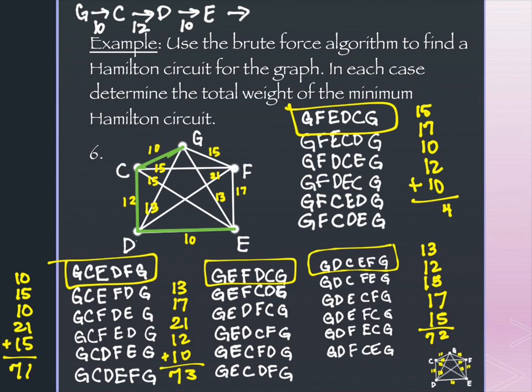Okay, I'm running out of options. Where am I going to go after E? It's got to go F, right? That's my only choice because I can't go back to G. I'd not be done yet. So I would have E to F. That's 17. Is that right? And then F goes back to G and it's 15. Okay, so let's add up 10, 12, 10, 17, and 15.